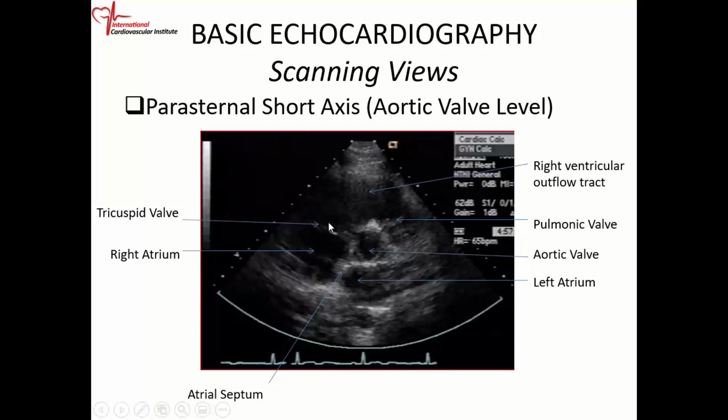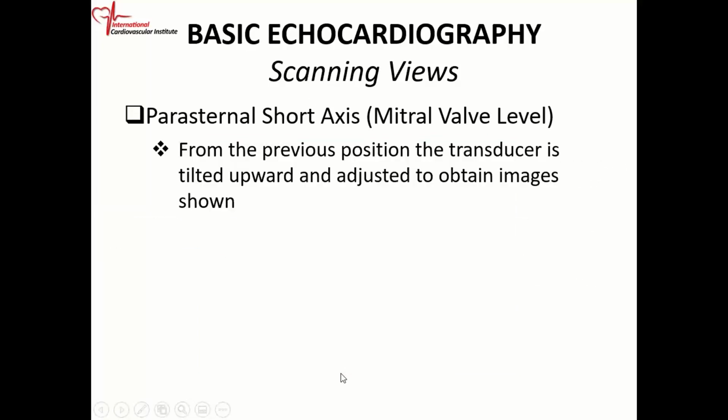So that is the short axis at the level of the aorta. So you know how to get that view. Remember, the angle of your transducer is you tilt it downwards towards the patient's leg.